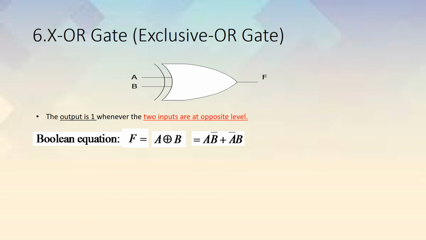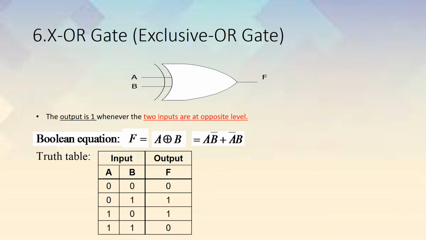To understand more, we go through the truth table. Look, we also get 4 possibilities of the input values. If A and B are the same value, like A is 0, B is 0, the output is also 0.